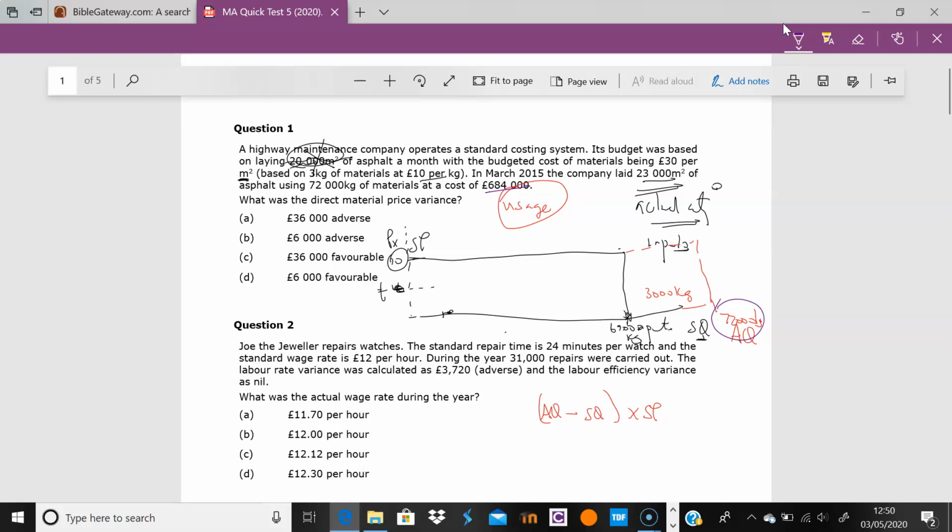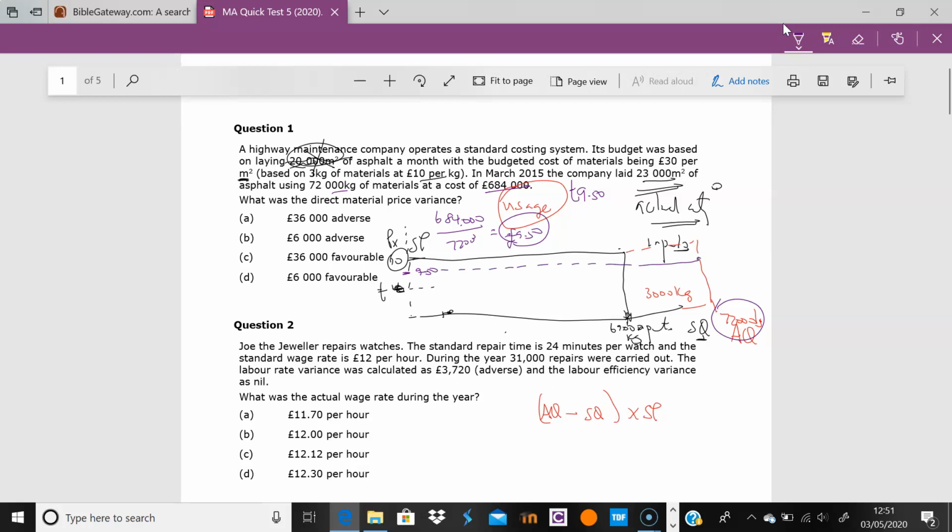Imagine you were given the original figures: you would have spent 684,000 divided by 72,000 kilograms, which is £9.50. So really what happened was you spent £9.50 on each kilogram, and you bought 72,000 kilograms. That's why you spent 684,000.